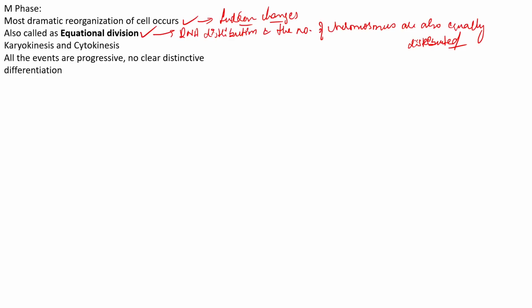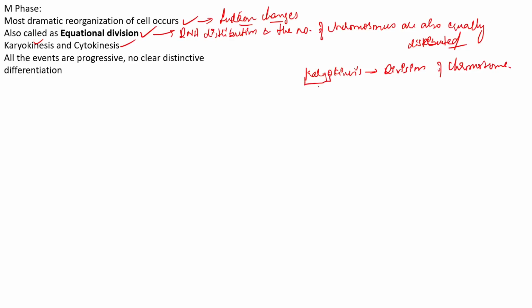In the M phase, there are two important events: karyokinesis and cytokinesis. In karyokinesis, we see that there is a division of the chromosomes.